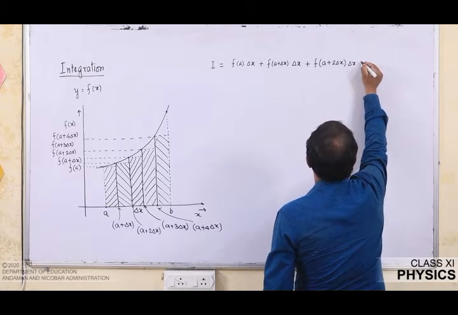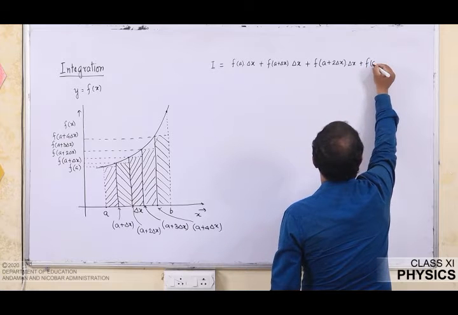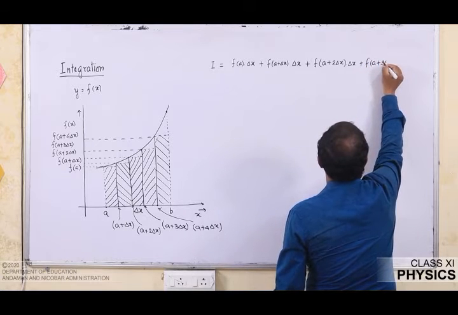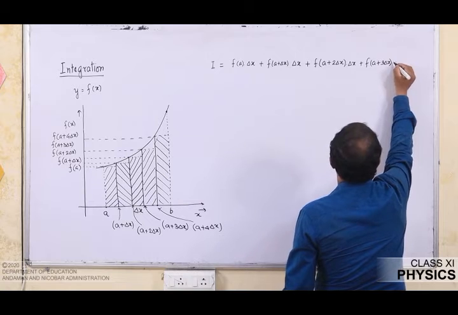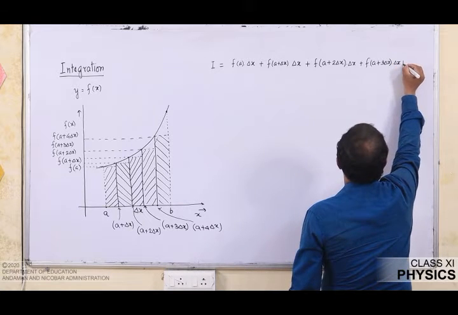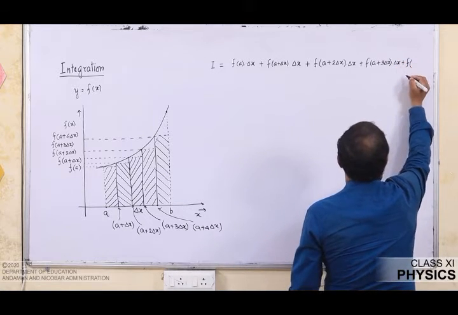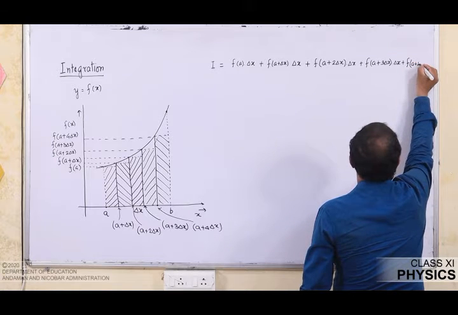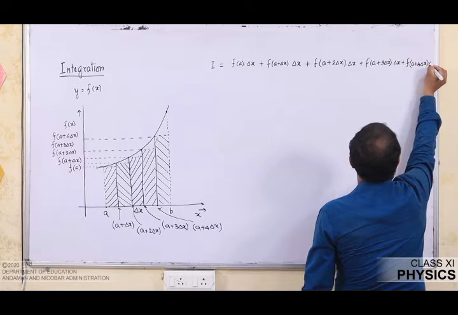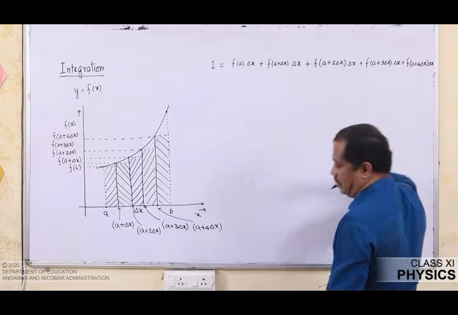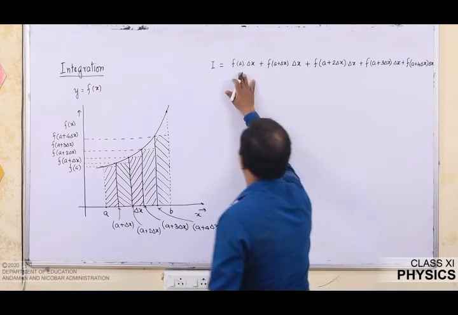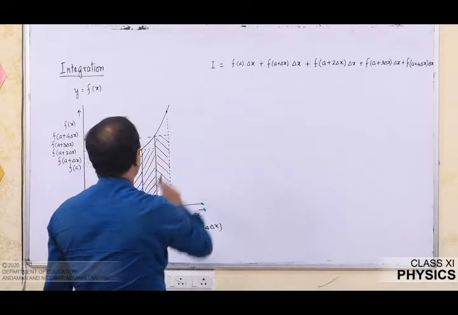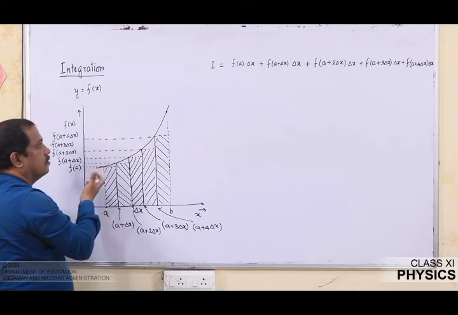So del x, plus f of a plus 3 times del x times width, plus f of a plus 4 del x times del x. So therefore, this is the entire area that I could calculate under this curve.